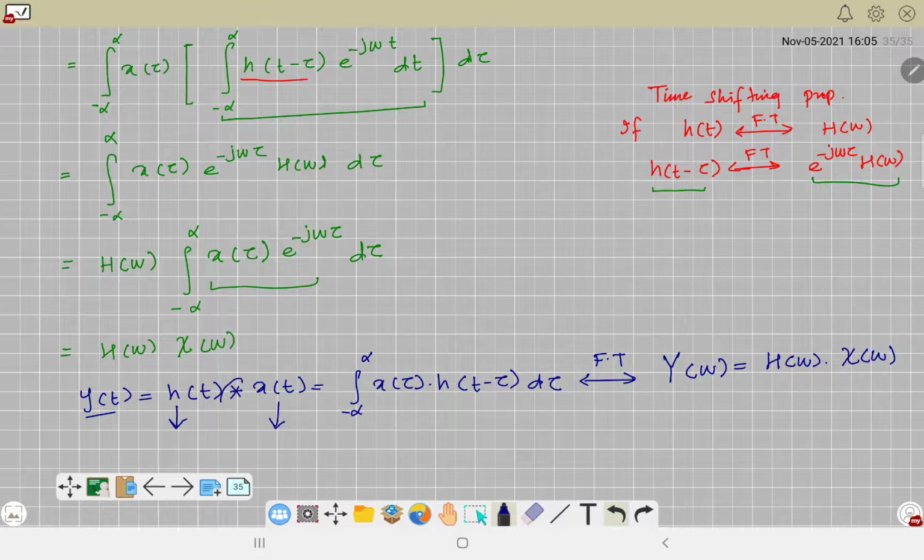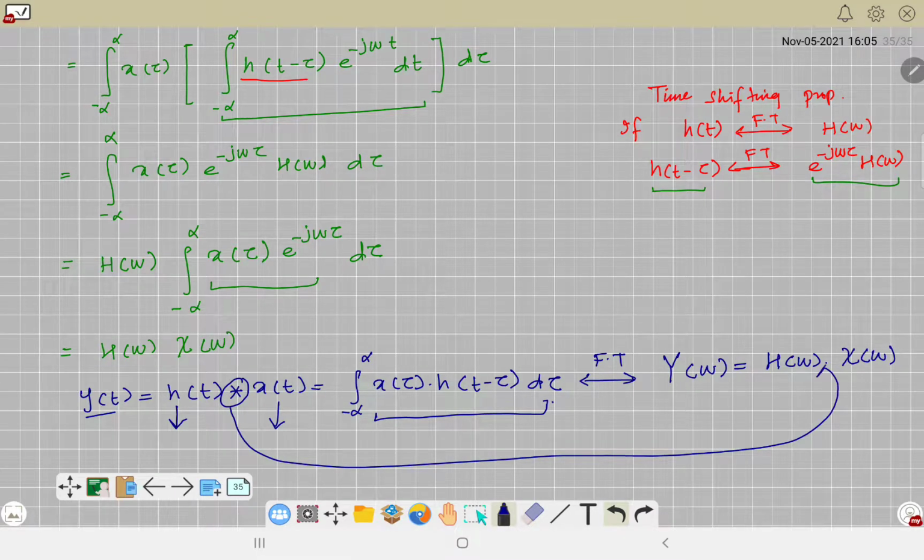In time domain, you have the convolution operation, which is defined by this integral. But in frequency domain, this convolution operation turns out to be a multiplication operation. Right? So you can say that the Fourier transform maps the convolution of two signals into the product of their Fourier transforms.